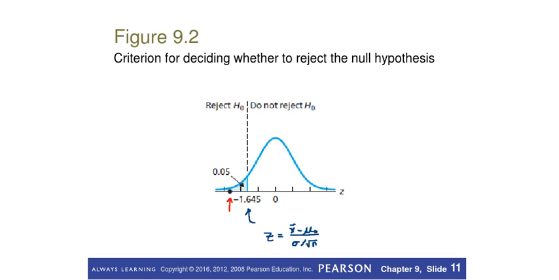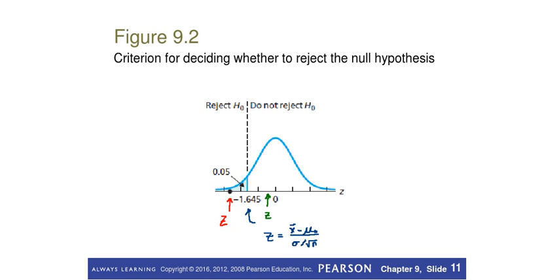then let's say we find this as our z-value. If that z-value is less than negative 1.645, we've definitely got enough evidence to reject the null hypothesis. But if the z-value is over here somewhere, then we don't have enough evidence to reject the null hypothesis.